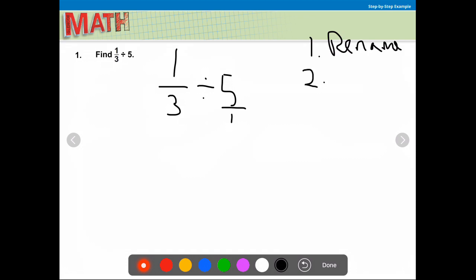Step number 2, we want to find the inverse of the second one, or flip it. The 5 goes on the bottom and the 1 goes on the top, and change the division into multiplication. So now my problem is 1/3 times 1/5.